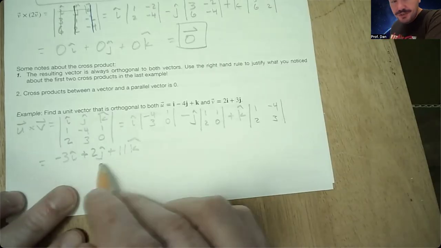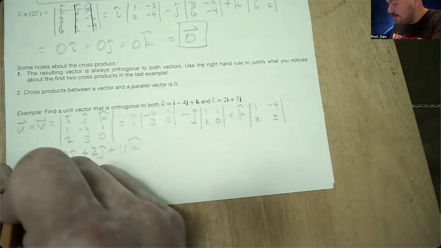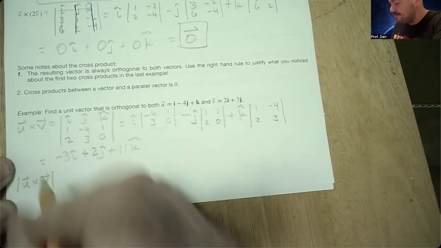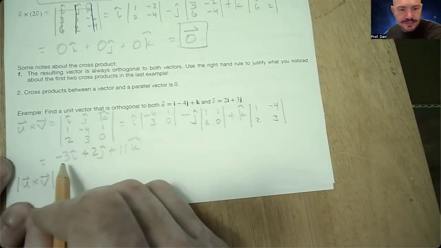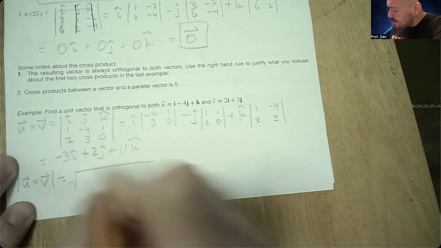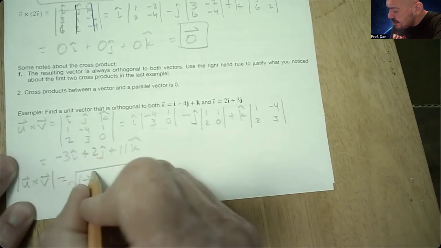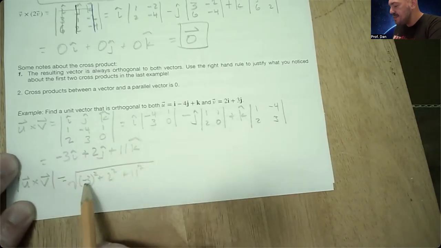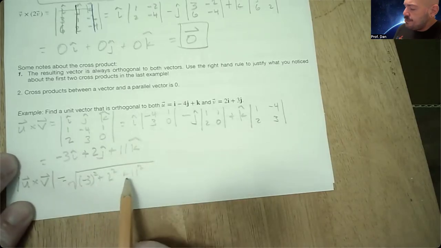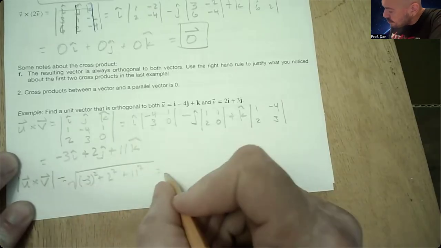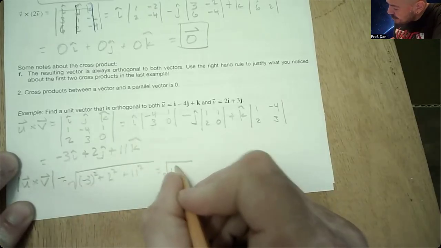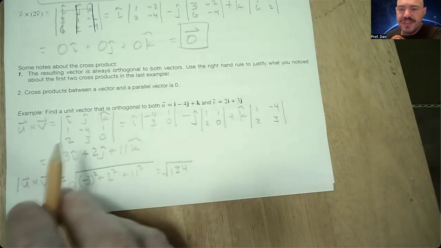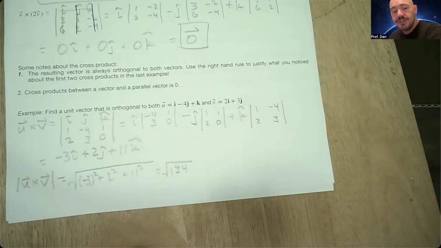I need to find the magnitude first. So the magnitude of u cross v is equal to the square root of each component squared added together. So that's 9 and 4 make 13, plus 121 makes 134. So the square root of 134 is the magnitude of u cross v. I'm not going to worry about simplifying that.